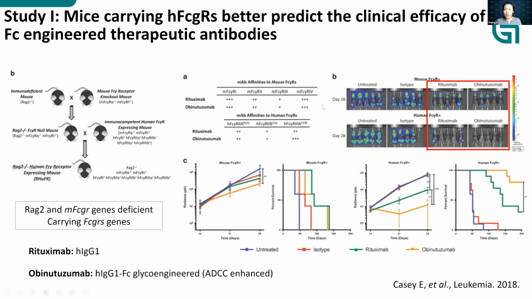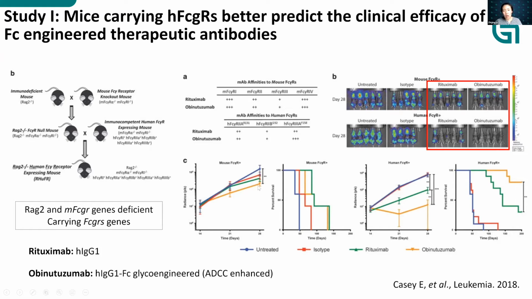So the results from the control mice versus the humanized mice are graphed in the 4 panels lower. So on the left side is the control mice. The yellow line is the obinutuzumab, and then the green line is the rituximab. As you can tell, they both can suppress tumor compared to the blue line.